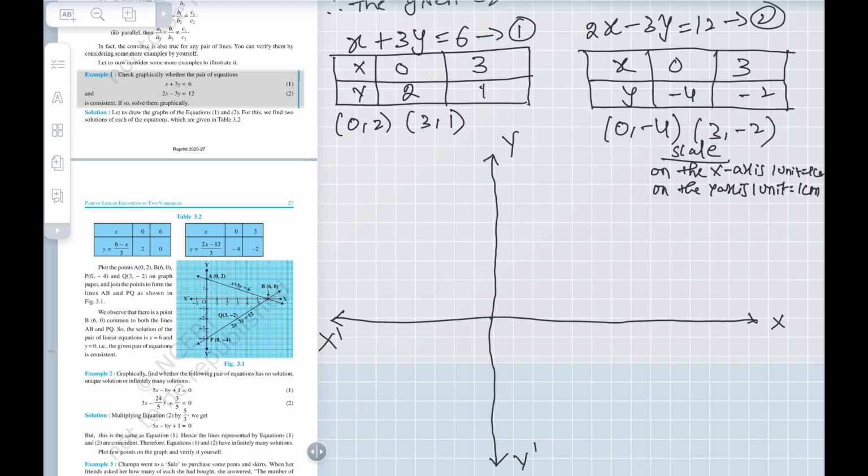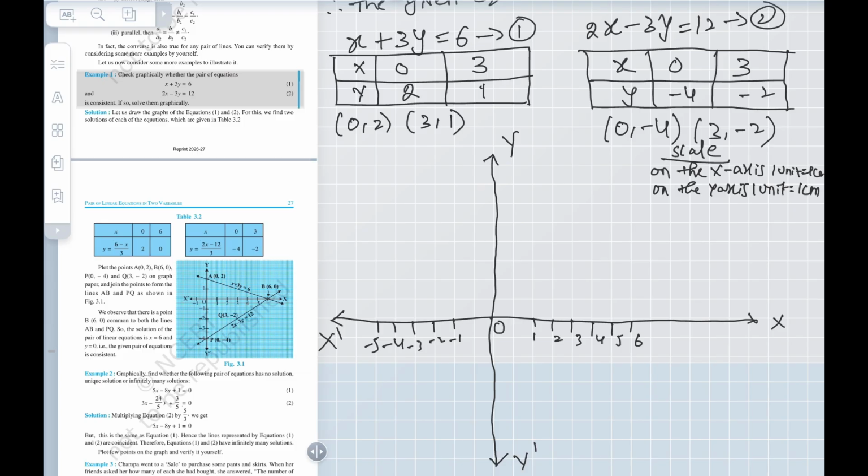The intersection point is 0, and you take 1, 2, 3, 4, 5, 6, and here I take minus 1, minus 2, minus 3, minus 4, minus 5.